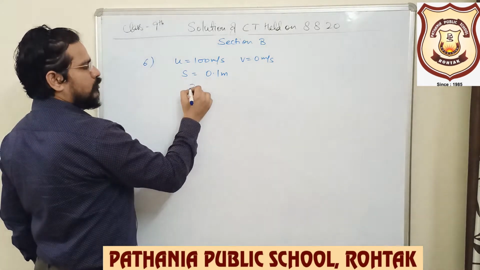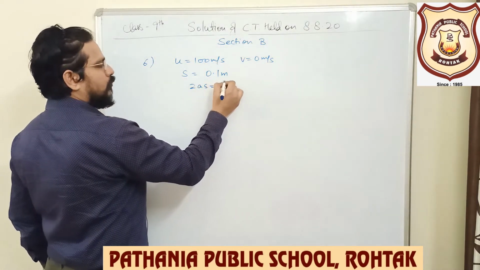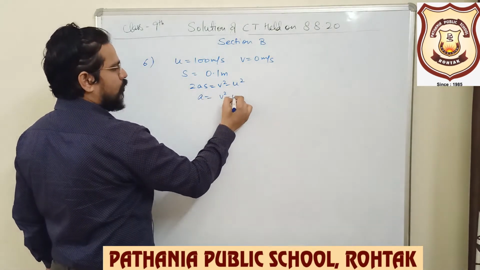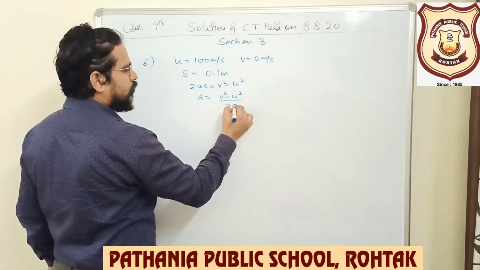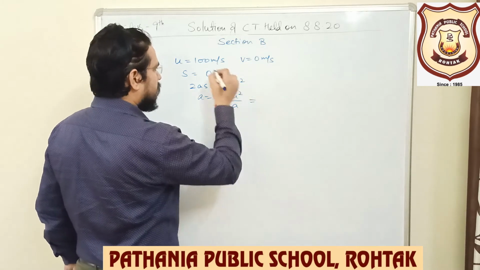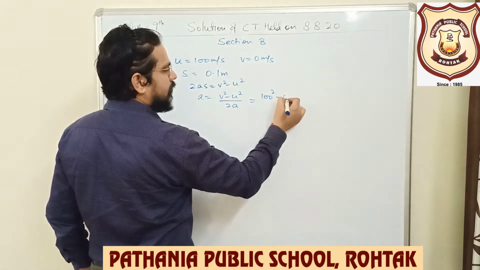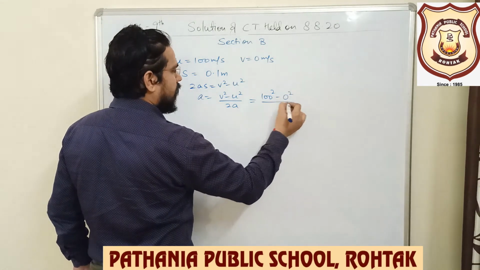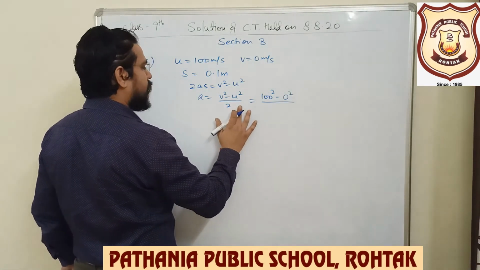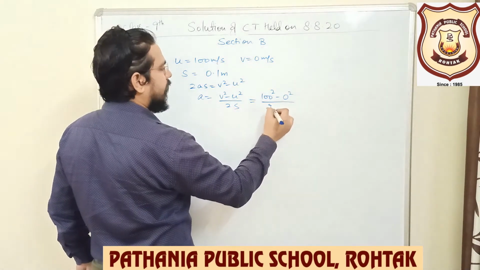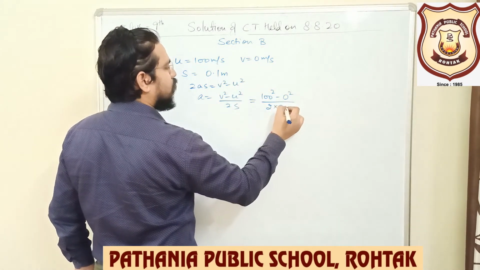So we can use the equation 2as is equal to v square minus u square, and a will become v square minus u square divided by 2s. So putting the values in this formula, 100 square minus 0 square, that is 0, divided by 2 into the value of s, which is 0.1.